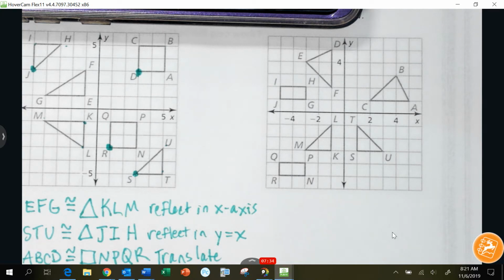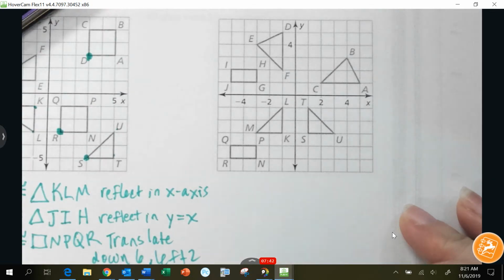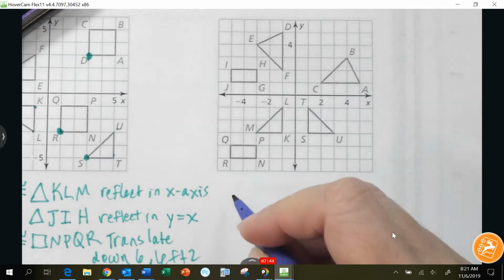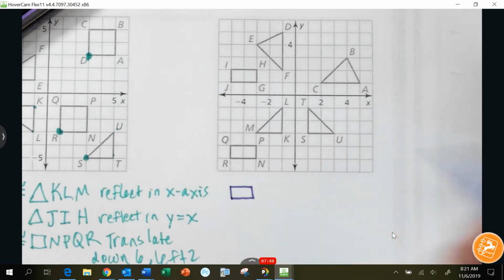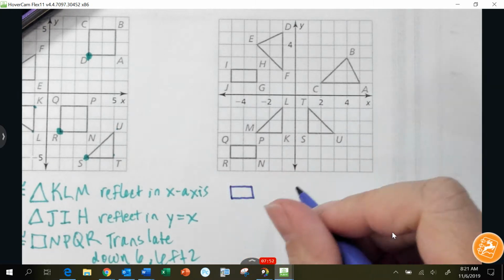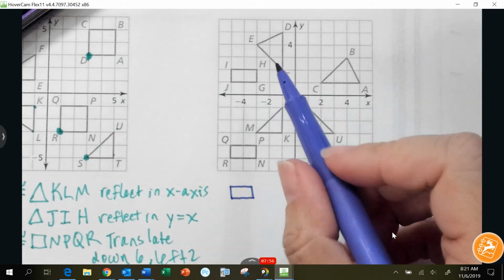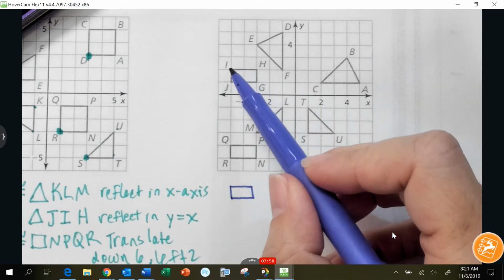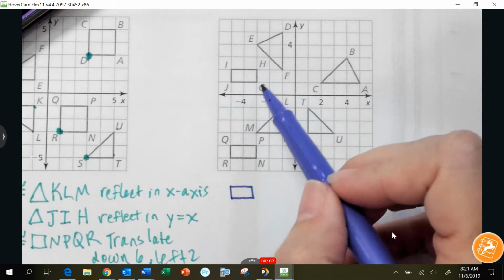Okay, you might have it written slightly differently, depending on the order you put your letters in, your vertices. I'm going to start with the rectangle, so I'm going to draw a rectangle. Or you can write the whole word out, rectangle. But I like when you guys use symbols. So rectangle GHIJ.